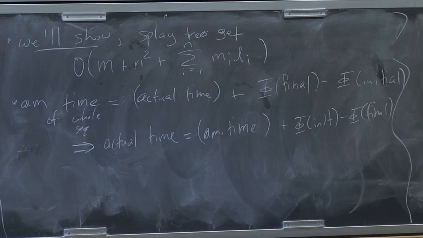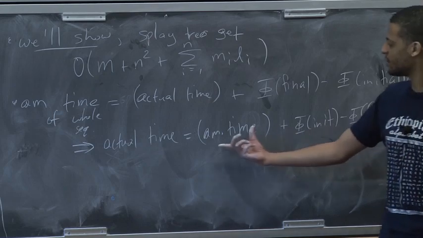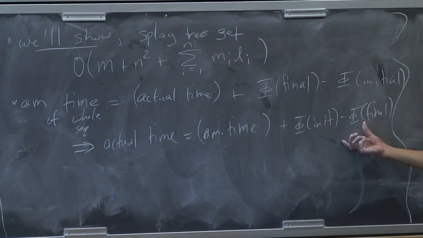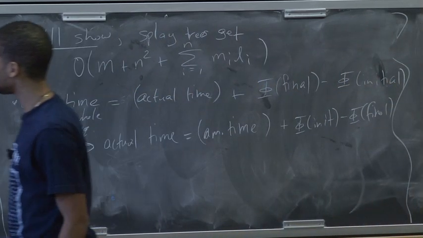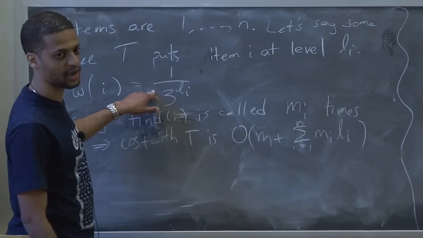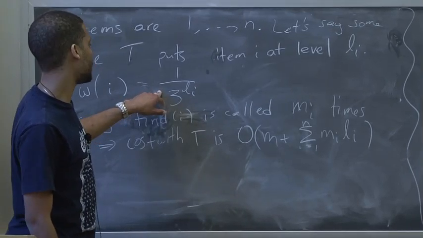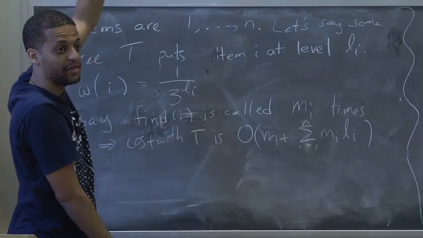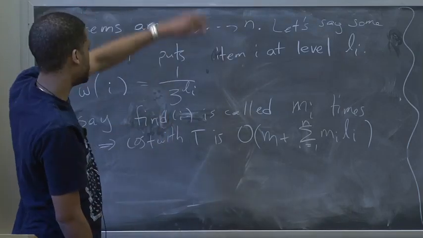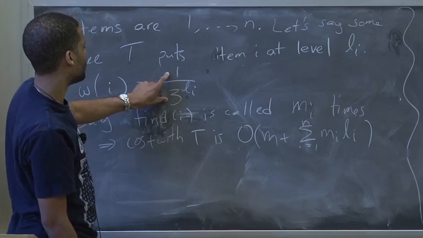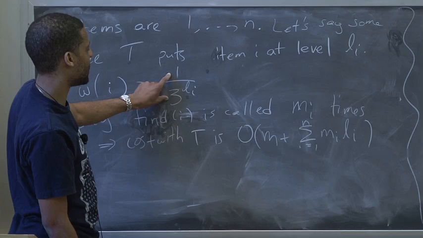Okay. Now, I just want to say that this thing is bounded by n squared. And then this is going to be bounded by m plus this thing. So why is this bounded by n squared? I'm just going to say something very silly. If you look at any node and ask what its rank is, the worst case is that, well, this optimal tree T could be a path for all I know, right? In which case, some node can have depth n, and then log of 1 over 3 to the li is basically minus n.